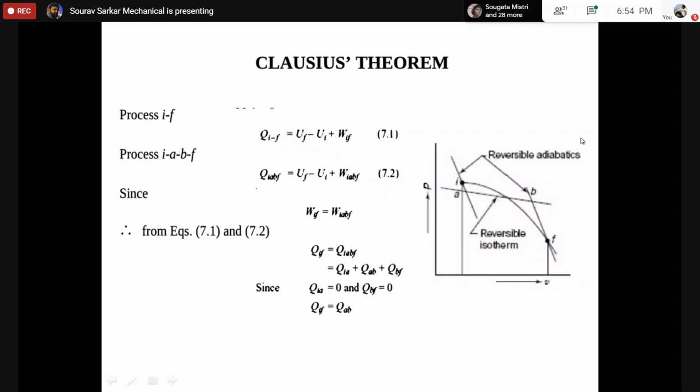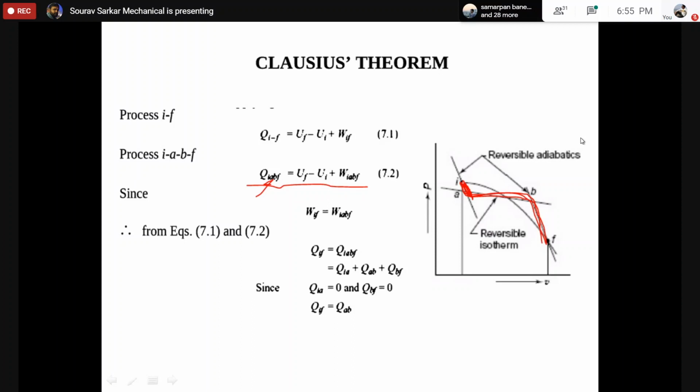So now here I am considering the path like this, I A B F. This is the alternative path. Initially I told you a general path; this is the alternative path. In this alternative path, what is happening? Whatever heat you have supplied, QIBF, you have to understand that you cannot supply heat during this process.